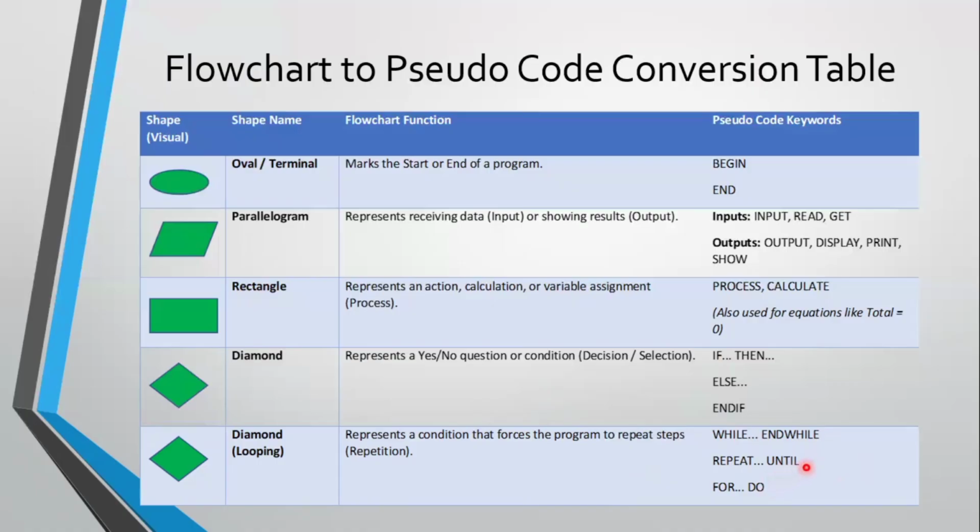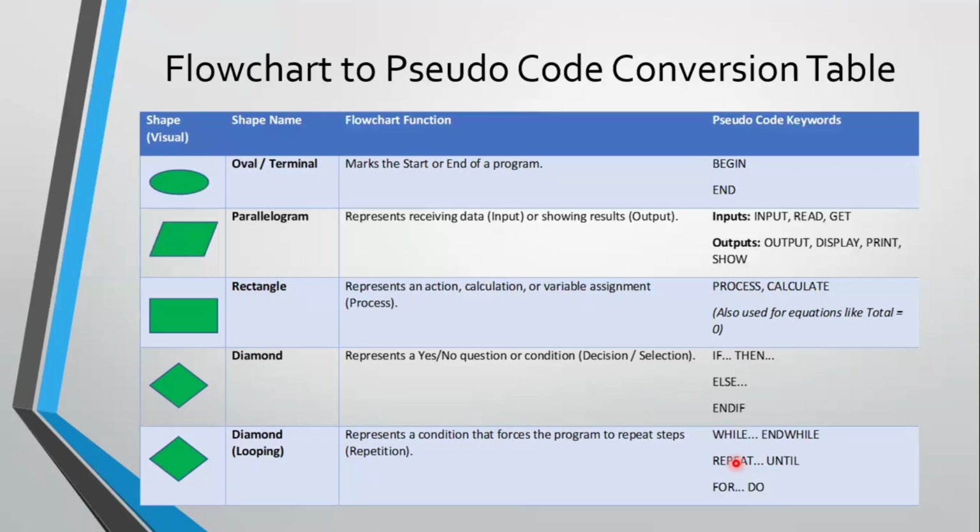You can use while if you want to check the condition before doing the task. You can use repeat until if you want to do the task first and then check the condition. This keeps the computer working on the same task until the goal is reached.